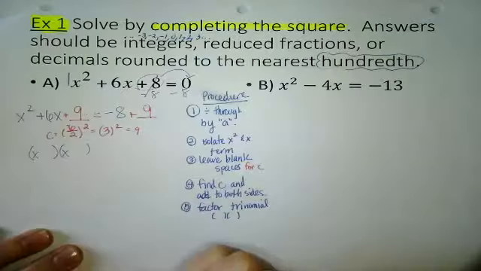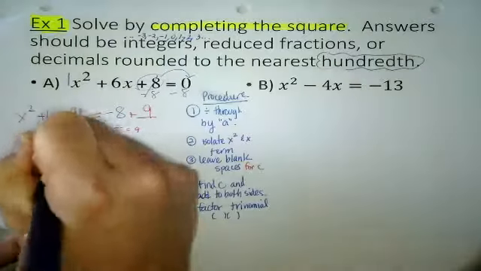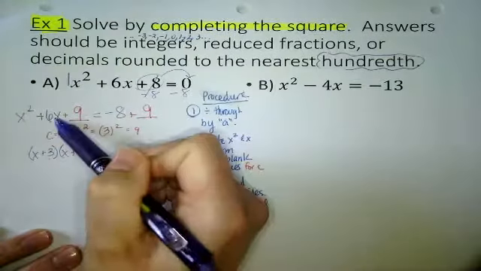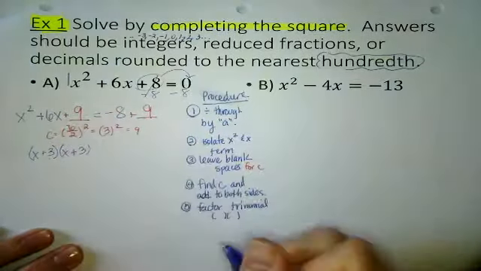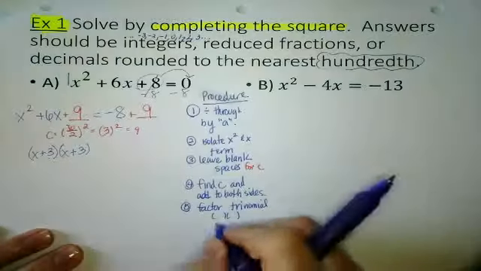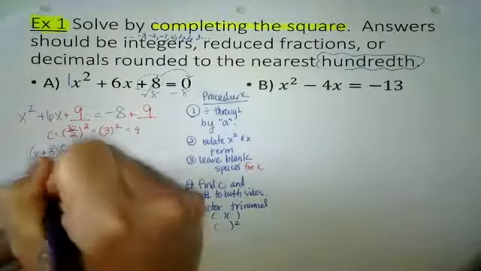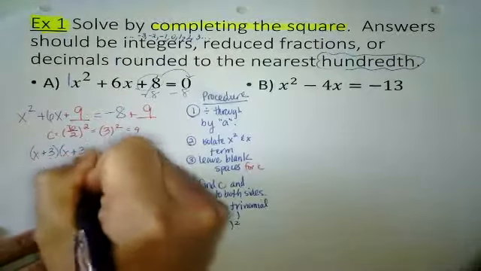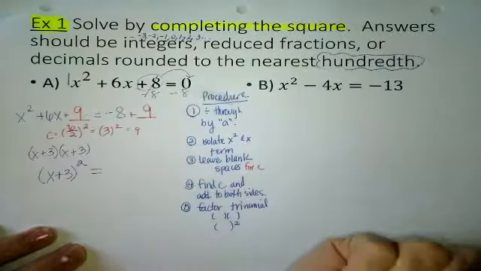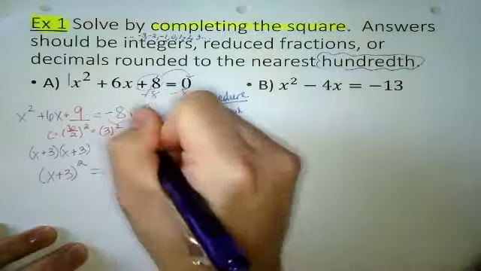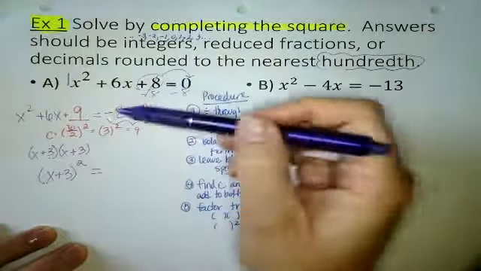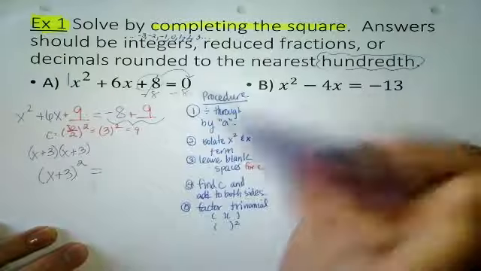What times what is positive 9? 3 times 3. That's also where we get the 6. And we can factor and condense it so that it's a quantity squared, which is really nice. So there's our left-hand side. On the right-hand side, we're going to combine our constants here. So negative 8 plus 9 gives me a 1.